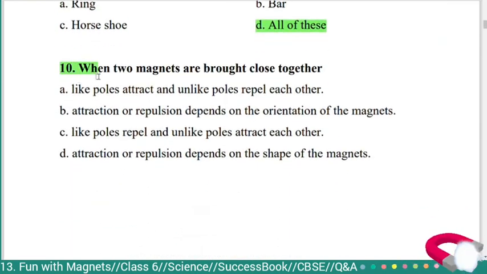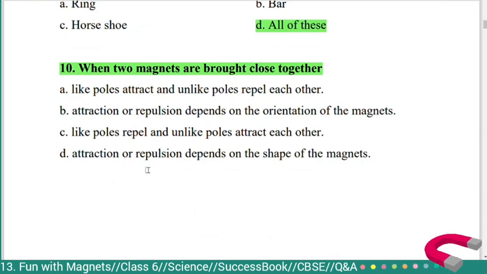Tenth question. When two magnets are brought close together: option A. Like poles attract and unlike poles repel each other. B. Attraction or repulsion depends on the orientation of the magnets. C. Like poles repel and unlike poles attract each other.